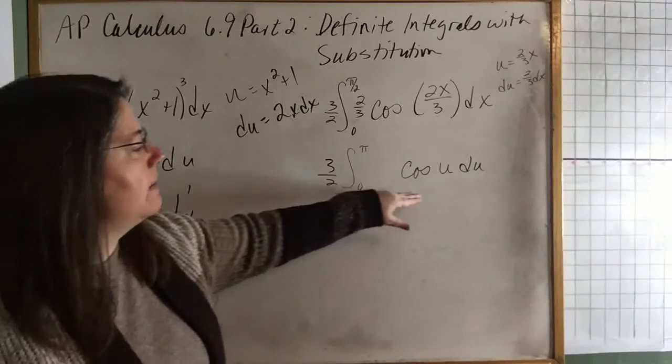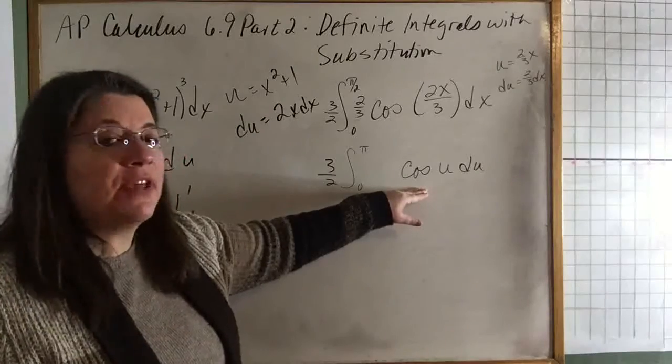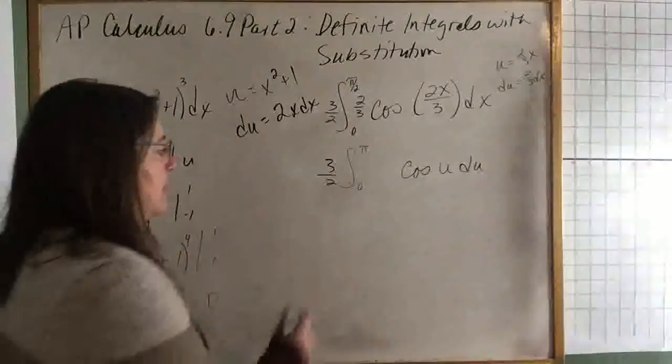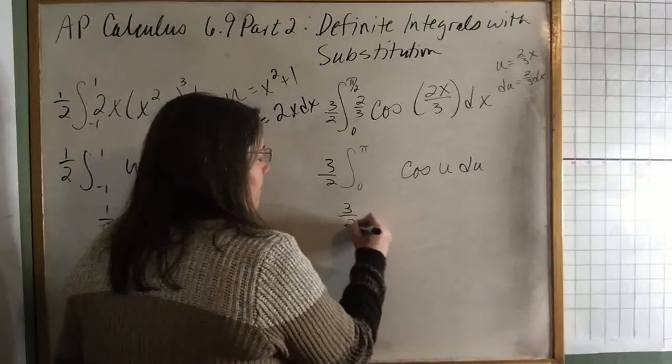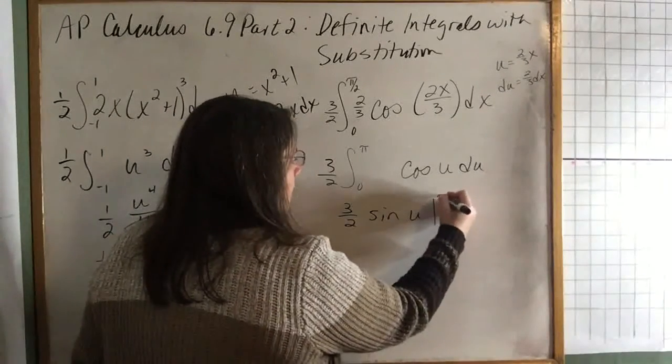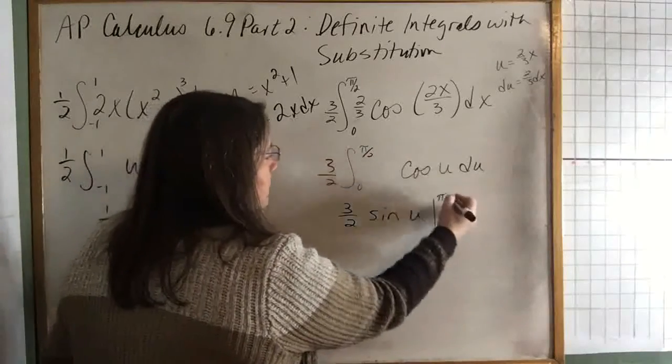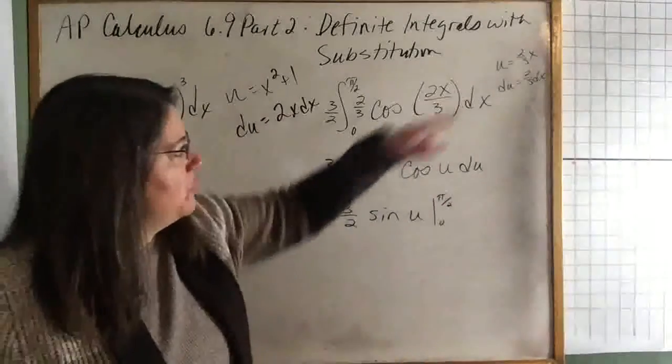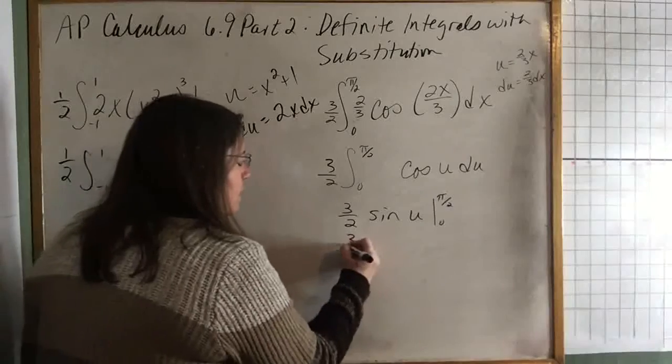So that's the antiderivative of cosine u du with a 3/2 tagged in the front. When I take the antiderivative, the derivative of sine is cosine, so the antiderivative of cosine will be sine. So I've got 3/2 sine u going from 0 to pi over 2. U is 2/3 x, so I'm going to substitute that back in.